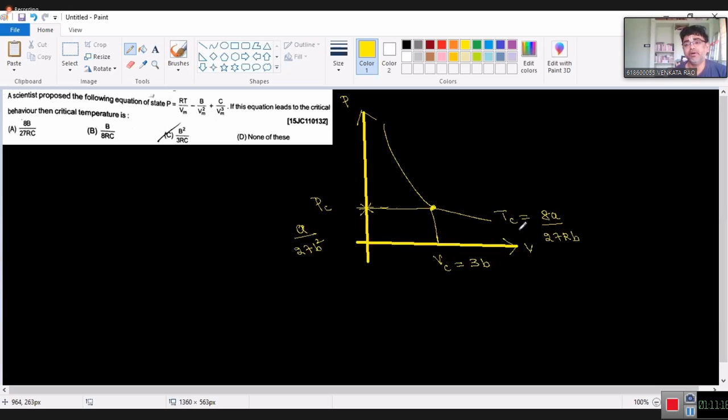Remember, critical volume is not fixed. So the most reliable are critical pressure and critical temperature; critical volume is fixed only by them. That means the volume of a gas is dependent on pressure and temperature. If these two are fixed, then only volume can be fixed.